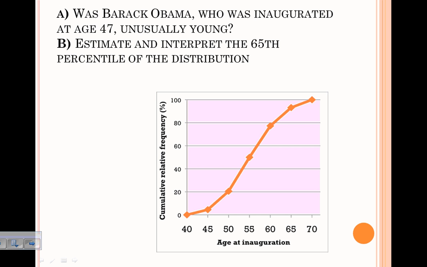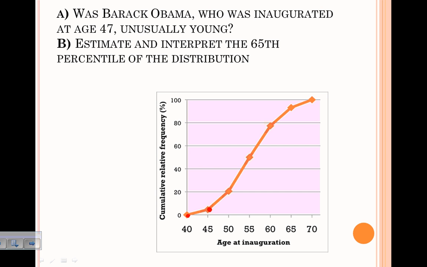All right, so if I wanted to display the cumulative relative frequency in a line plot, here I'm going to plot where I started. So I had 0 before. Then between 0 to 45, I was at 5%.